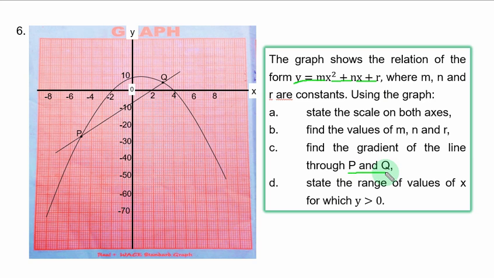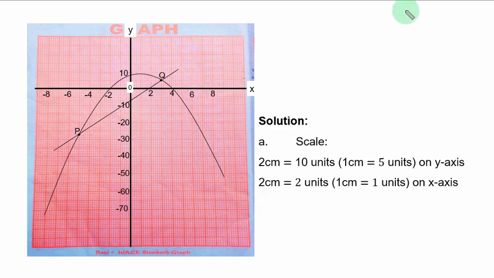Here the examiner has plotted the graph for you, and you are to use the graph to answer the following questions. Solution. The A part is to state the scale. So start from the origin.